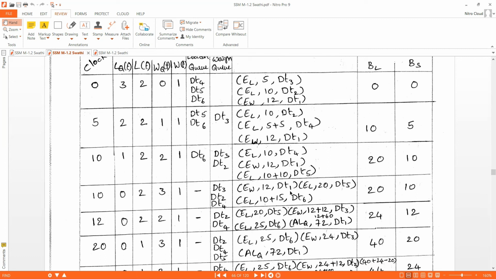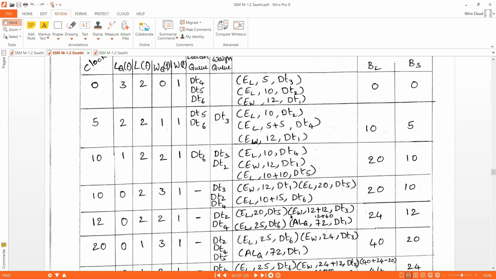The new event we need to add is the ending weighing event for DT3, because at simulation clock time 12, DT3 started its weighing.